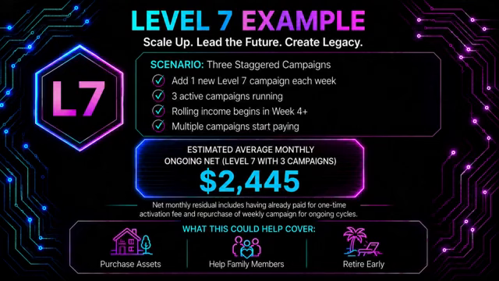This is still an illustrative example, not a guarantee, but it shows how campaign size and staggered participation can create much stronger monthly income potential. For someone who is consistent and strategic, this type of example shows why the staggered approach can be incredibly powerful. Could this type of extra income help you purchase assets, help family members, or even retire early?